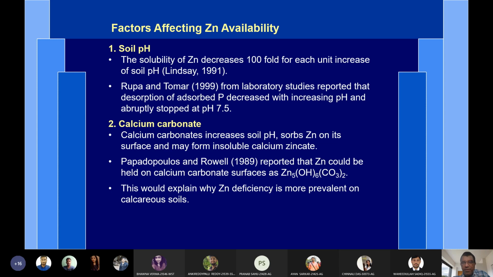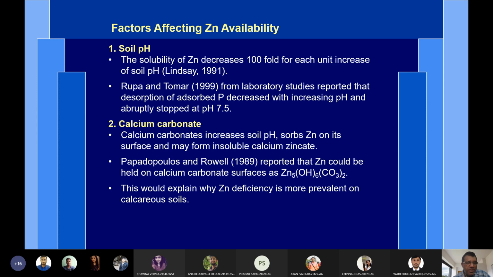Now let us see in brief what are the factors that affect the zinc availability in soil. For example, soil pH affects the zinc availability. The solubility of zinc decreases 100-fold for each unit increase in soil pH. Means as your soils become neutral to alkaline, then your zinc availability will decrease.